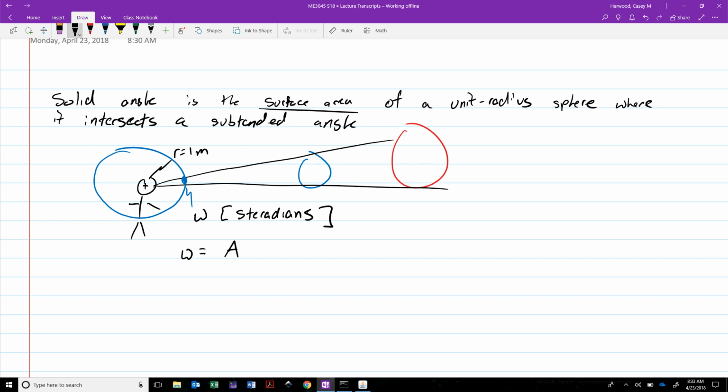Okay, so the projected area divided by the squared radius to that silhouette. Okay. So you can see here why if r is equal to 1, then it simply becomes A.